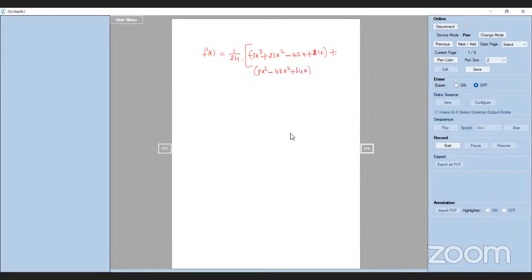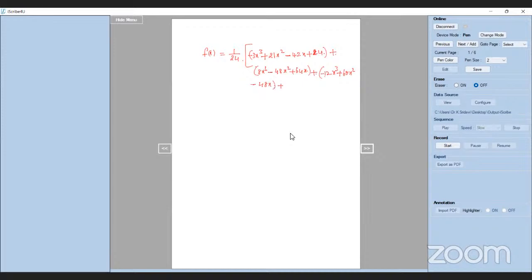Next, plus the third term, 12 2s are 24, minus 12x cube plus 12 5s are 60x squared minus 12 4s are 48x.